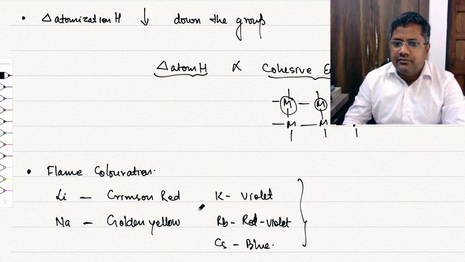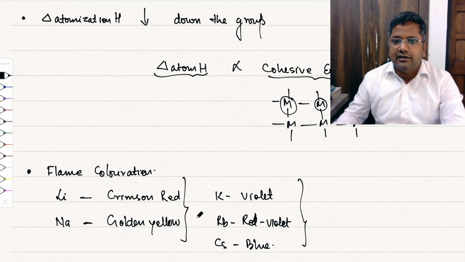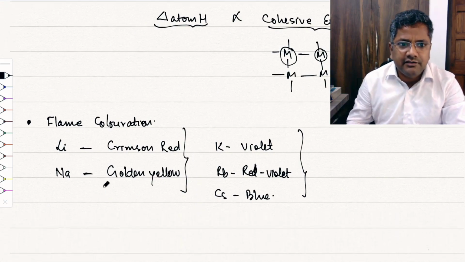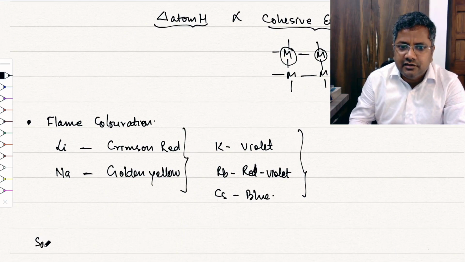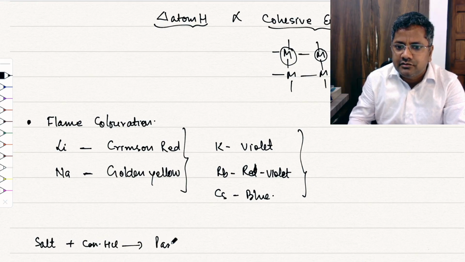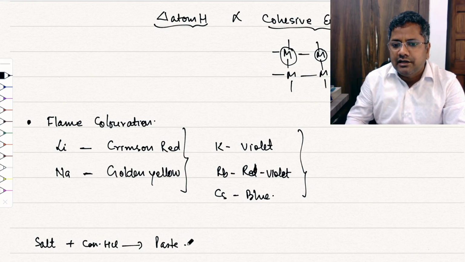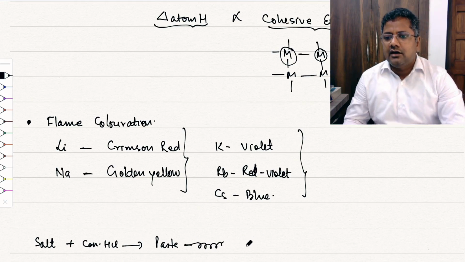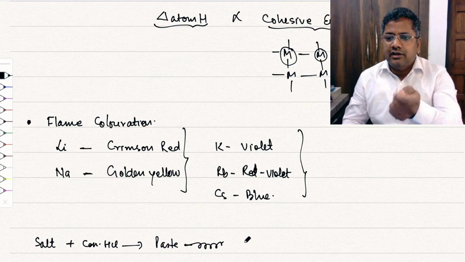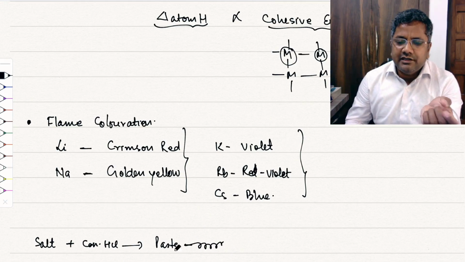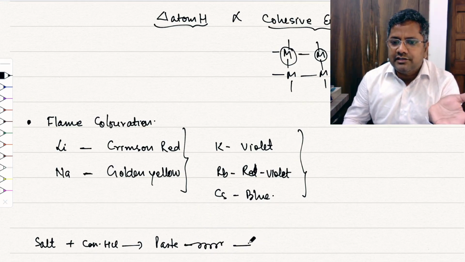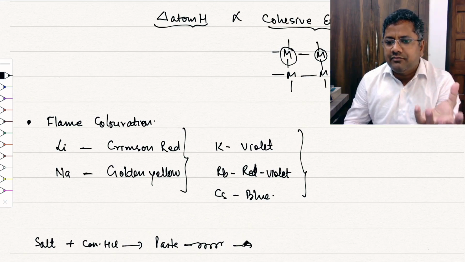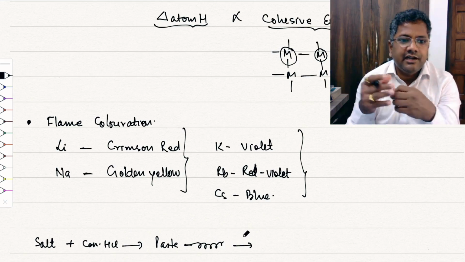For the color of these metals, we take the salt of the metal, salt plus concentrated HCl, making a paste, right? With this paste on a platinum wire or nichrome wire, we put it on the flame. Basically nothing is happening here except that, due to low ionization energy and the heat energy of the flame, the electrons are excited and de-excited.